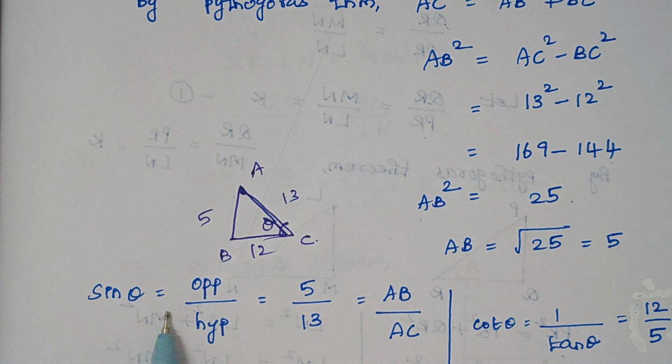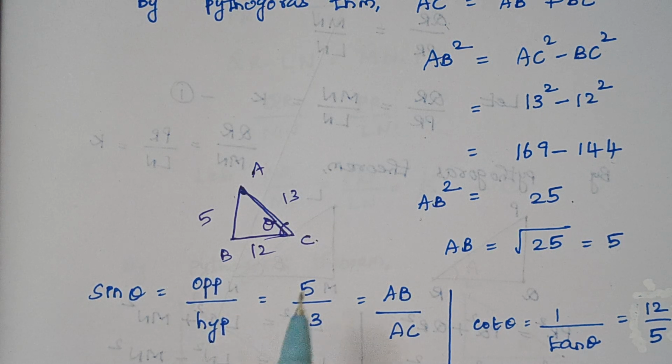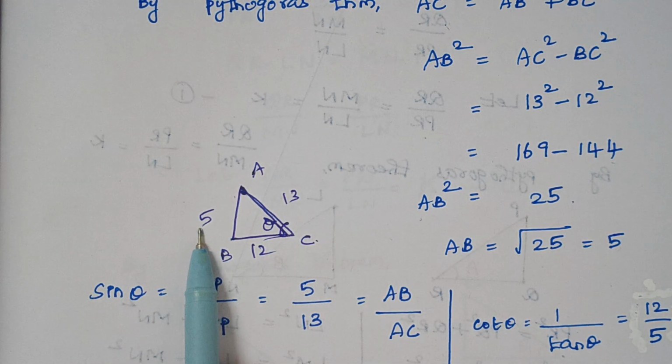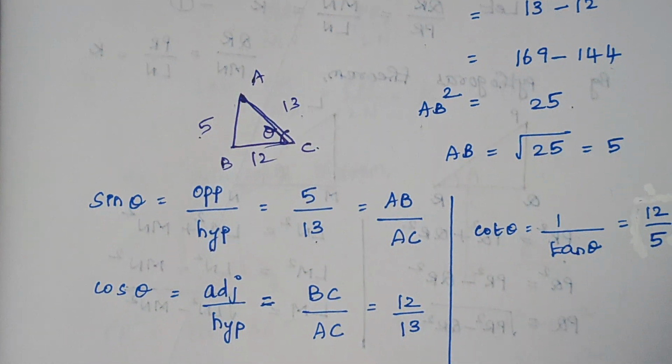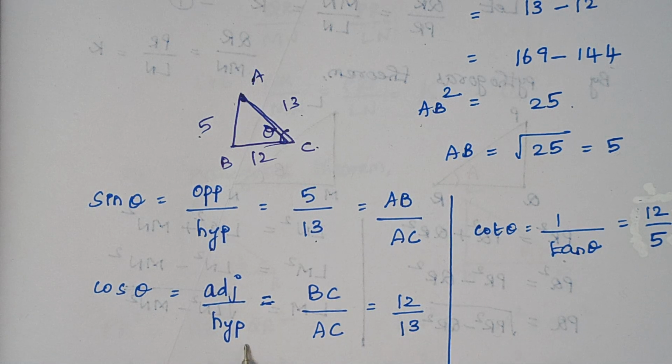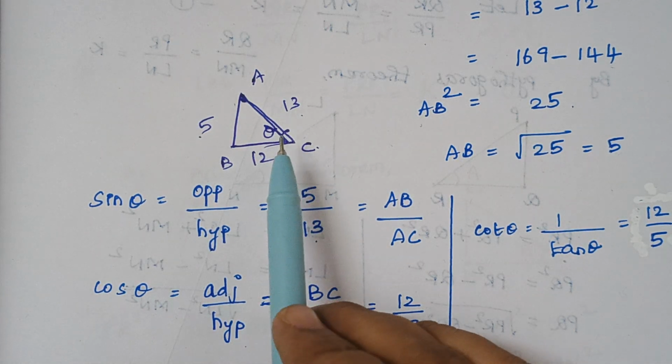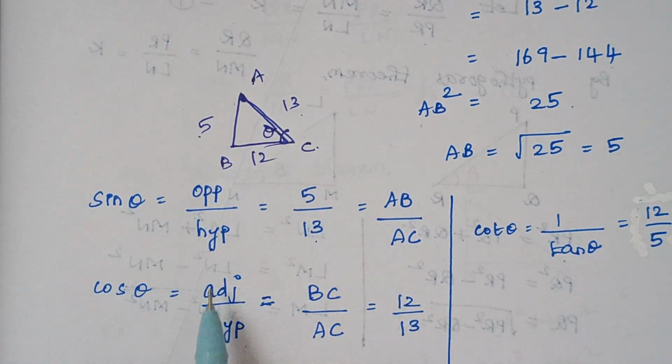So sine theta is equal to opposite by hypotenuse. To this angle theta, 5 is opposite and 13 is hypotenuse, therefore 5 by 13. And the next one is cos theta. Cos theta is adjacent by hypotenuse. So here to this theta, what is the adjacent side? 12 is the adjacent side, right?